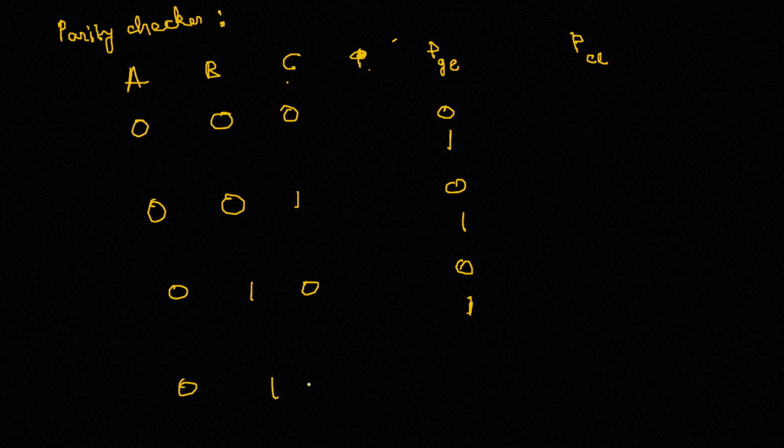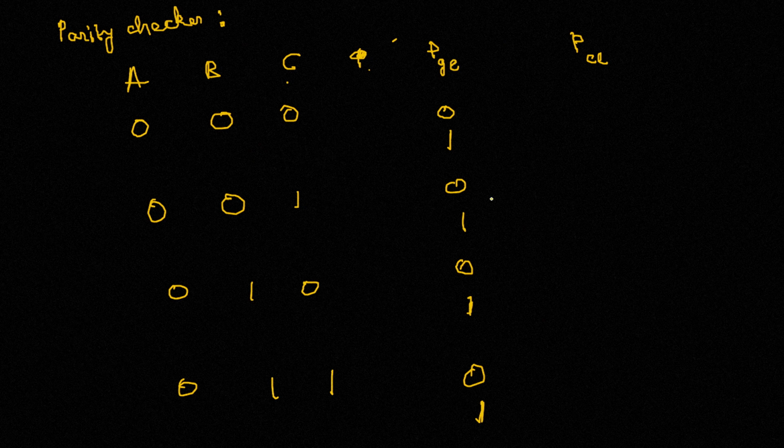And then for 0, 1, 1, again 0 and 1. Then for 1, 0, 0, you again write 0 and 1, and similarly for 1, 0, 1 and 1, 1, 0, and for 1, 1, 1 you write 0 and 1, right?